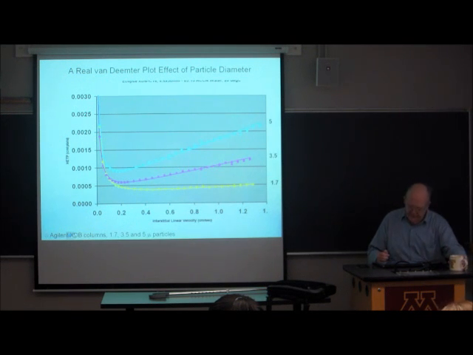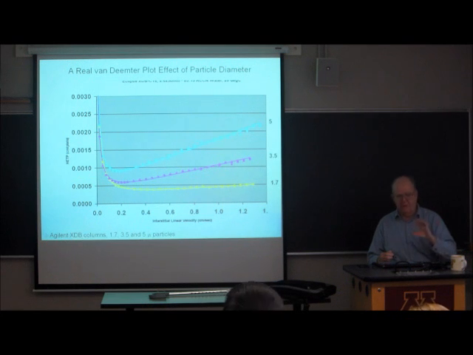This is a real Van Deemter plot, not a computed Van Deemter plot, for some LC particles. These were Agilent XDB columns. XDB is a type of chemical bonding that they use in attaching the stationary phase to the underlying particle.